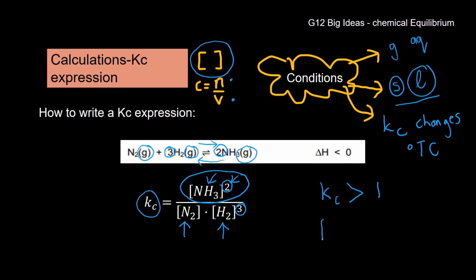If Kc has a value which is smaller than 1, then we know that the concentration of product for the forward reaction is low. We get a low value of Kc. That means that the concentration of the product is low. So the Kc value is not just a number. It tells us a lot about where the equilibrium sits.